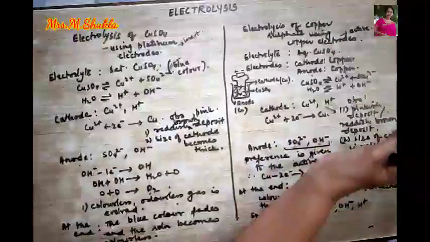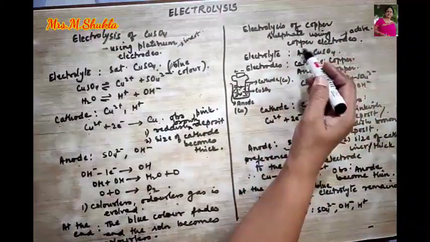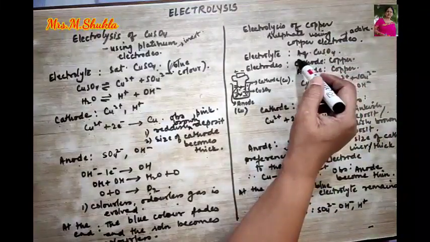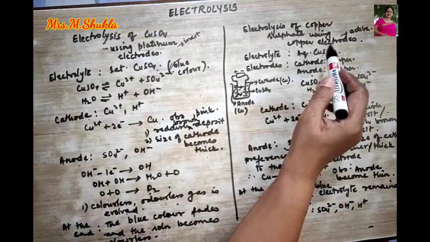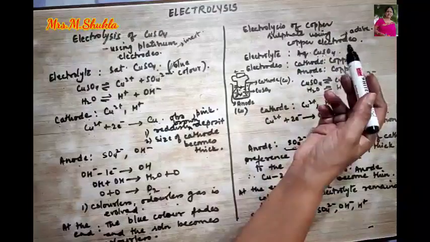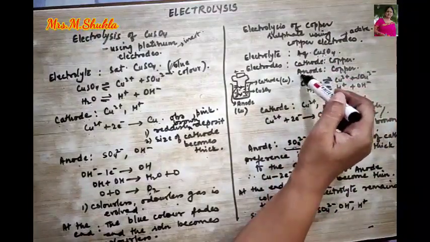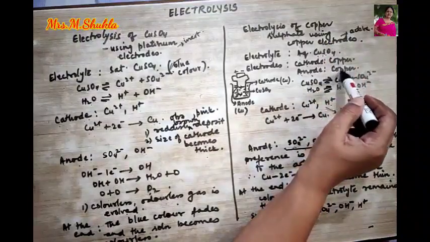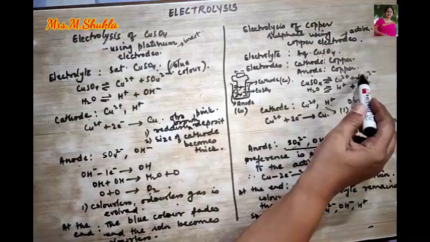So let us understand this electrolysis of copper sulfate using copper electrodes also. We take an aqueous solution to which we had added a small amount of sulfuric acid. What was the work of sulfuric acid over here? It enhances the rate of reaction. Then what type of electrodes are we using? We are using active electrodes, both cathode and anode made up of copper, right? So what are the ions in the electrolyte?